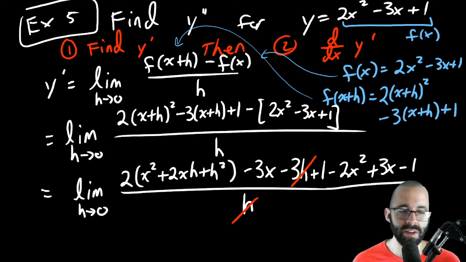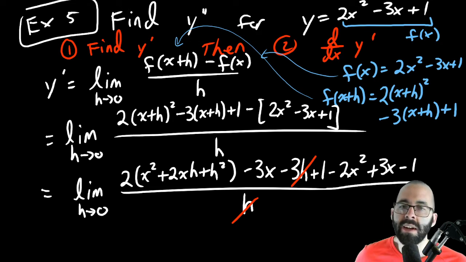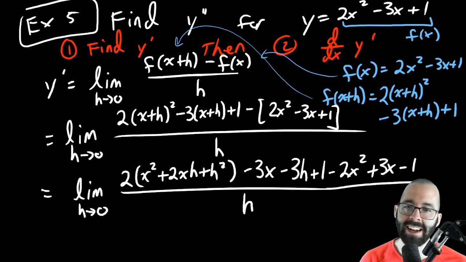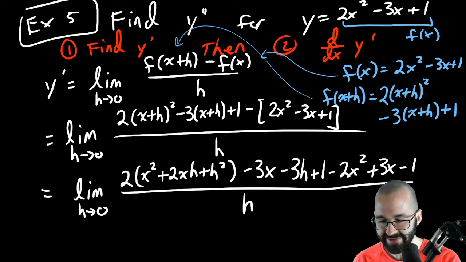There's one in the top, there's one in the bottom. The answer is you can only cancel fractions if everything is factored. And our top is really messy. Our top needs to be collected and then factored. So we can't cancel anytime soon.